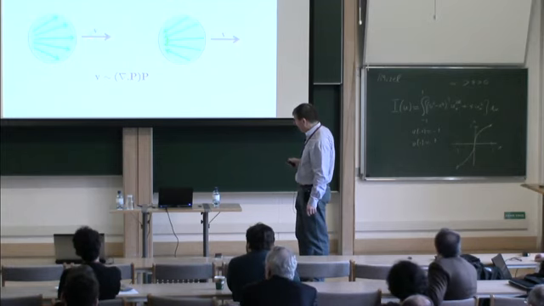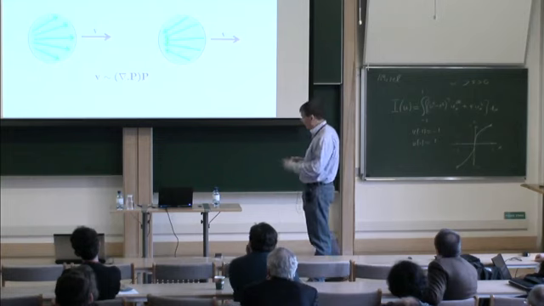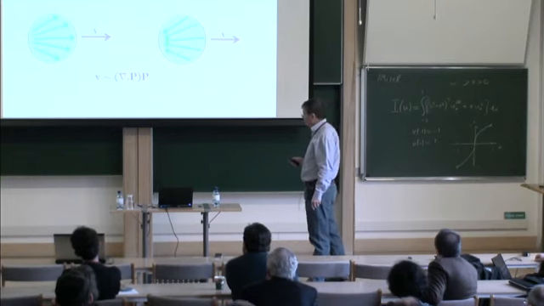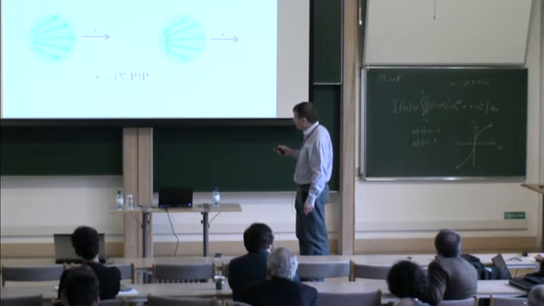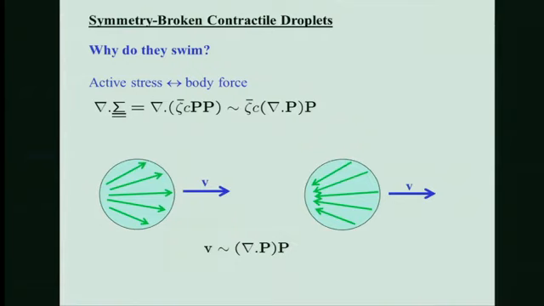Well, it is true that the velocity involves div p times p. That's the combination of grad and two p's that I mentioned before. The way to think about this is that we know what the active stress looks like. It's got pp, and this is the strength of the activity. That's telling you how much ATP is being used per second or whatever. So I take the divergence of pp, and it looks like div p times p.